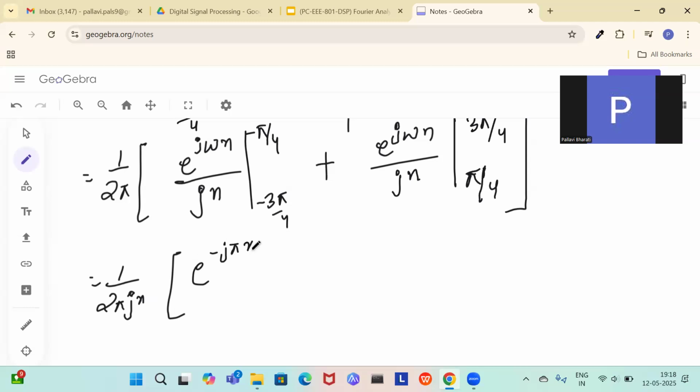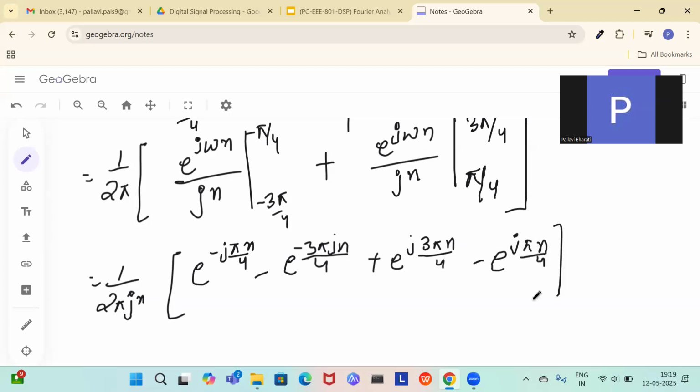pi n by 4 minus j three pi by 4 plus e to the power j 3 pi n by 4 minus e to the power j pi n by 4.